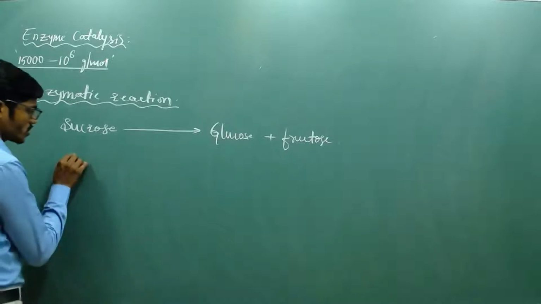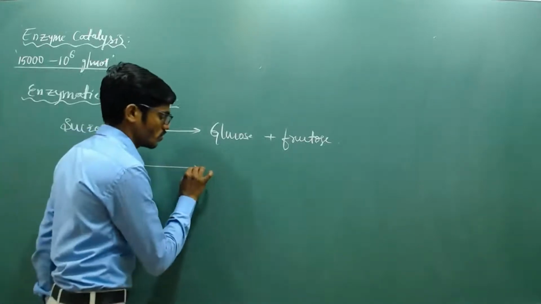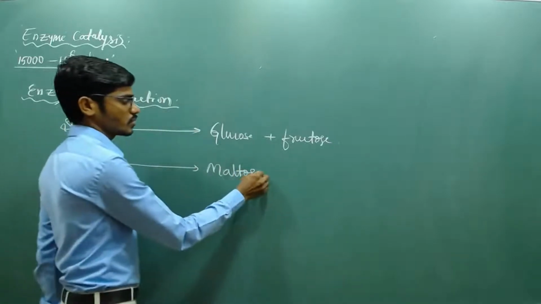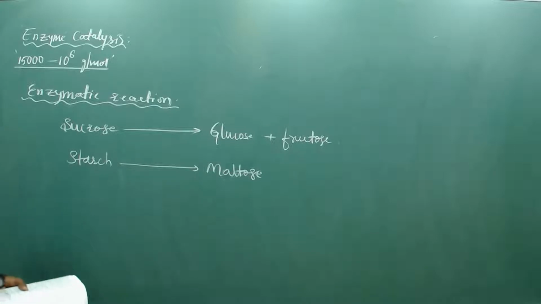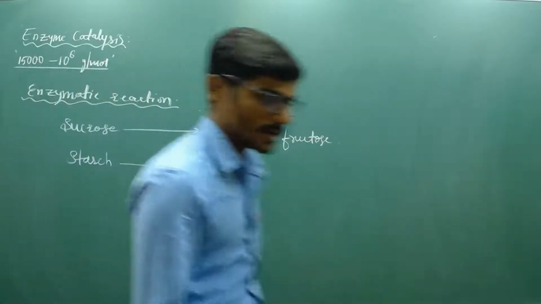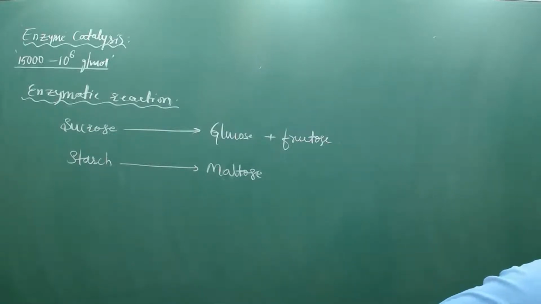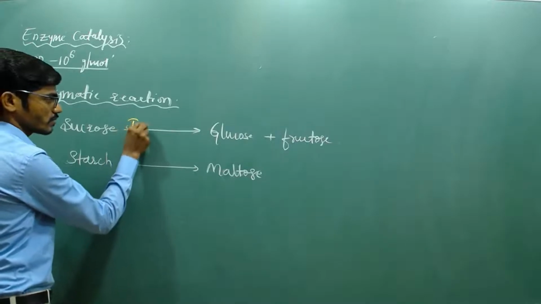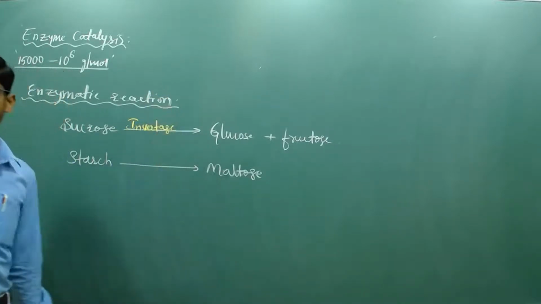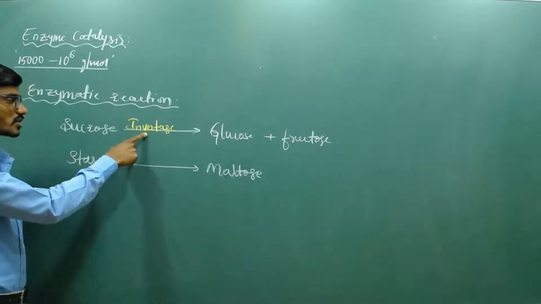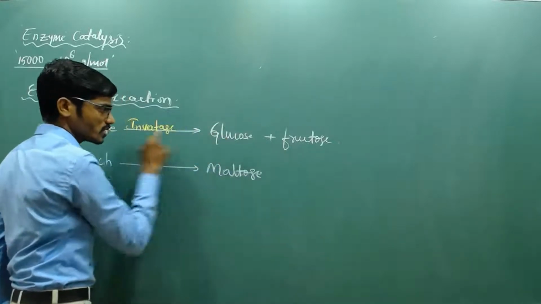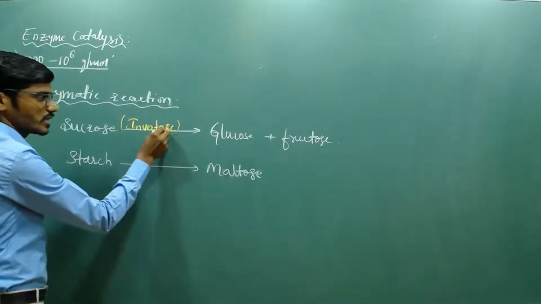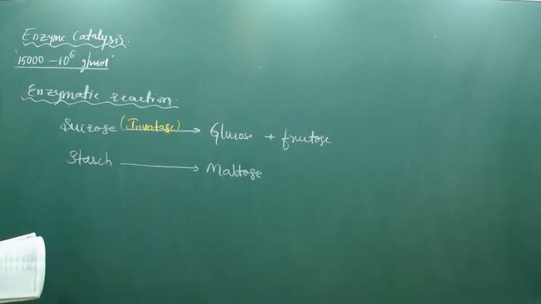The second example is starch to maltose, which is catalyzed by another specific enzyme.